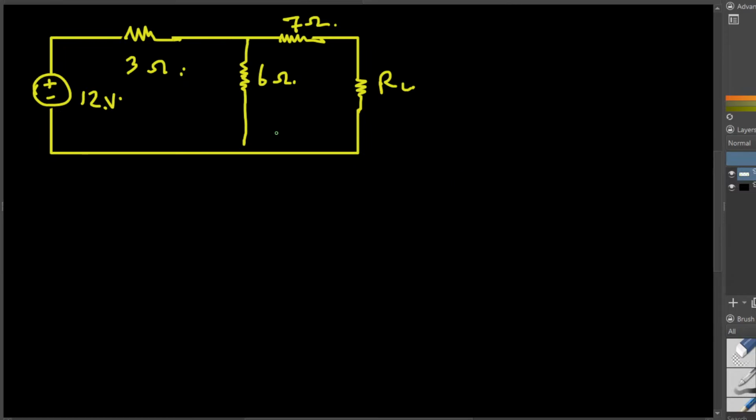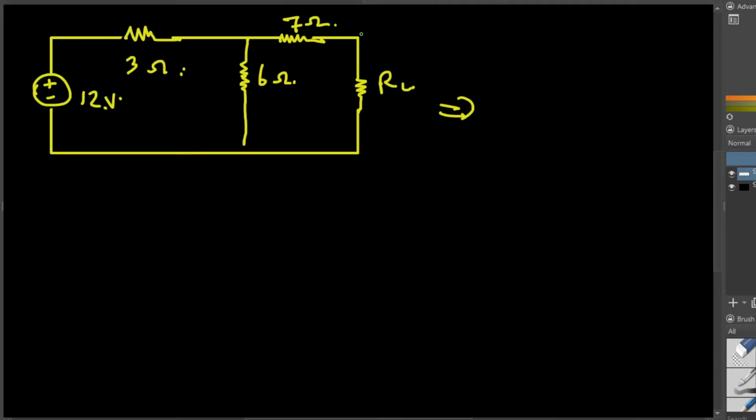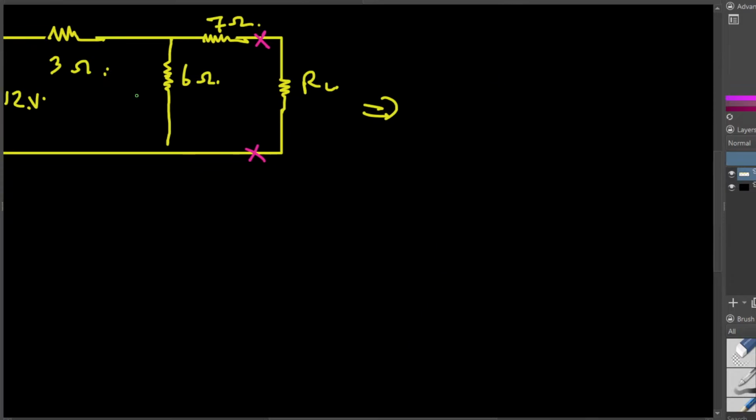If I draw the equivalent circuit for this one in terms of V Thevenin and R Thevenin, how is it going to look? When we have a circuit, what we do is cut off everything except the R load. So we have to do the same thing here. We cut off everything except the R load and redraw the circuit in terms of V Thevenin and R Thevenin.